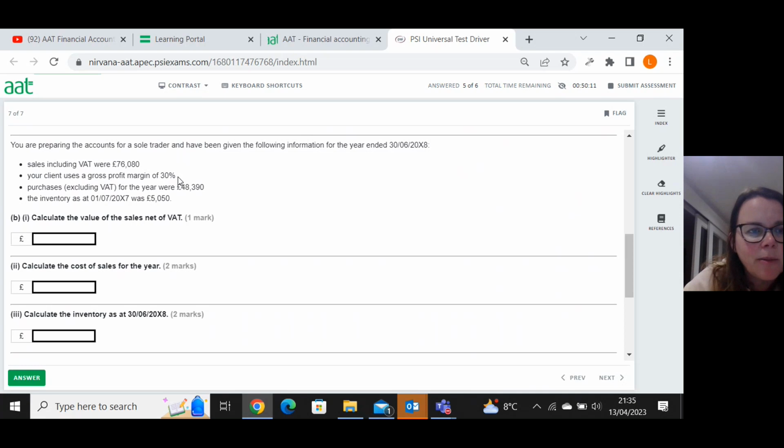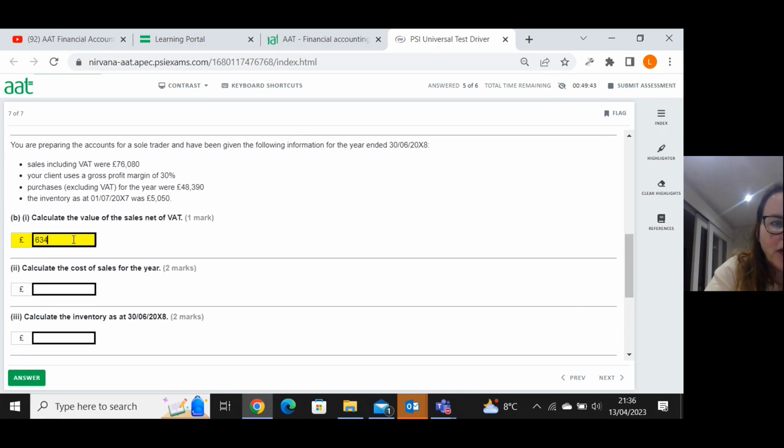So actually the first thing I need to do is strip that down to a net figure, which is what it asks me to do in this first part of the question. So 76,080, I'm going to divide by 6 to work out the VAT, which is 12,680, and then subtract that, which gives me 63,400 as my net sales figure.